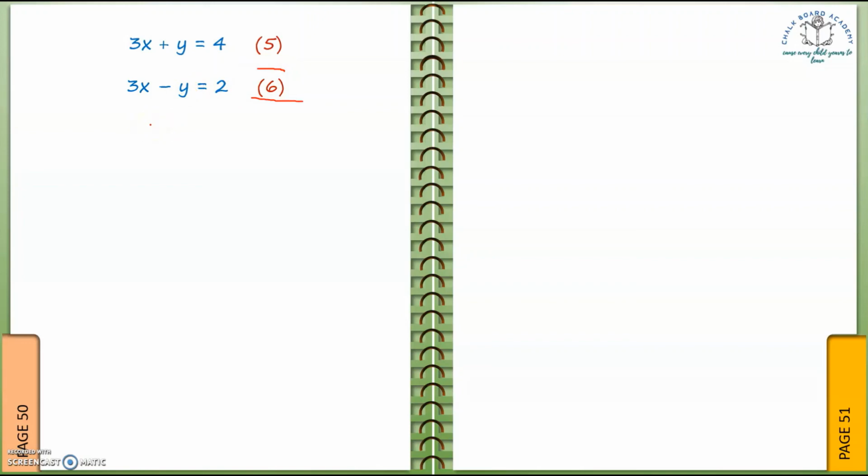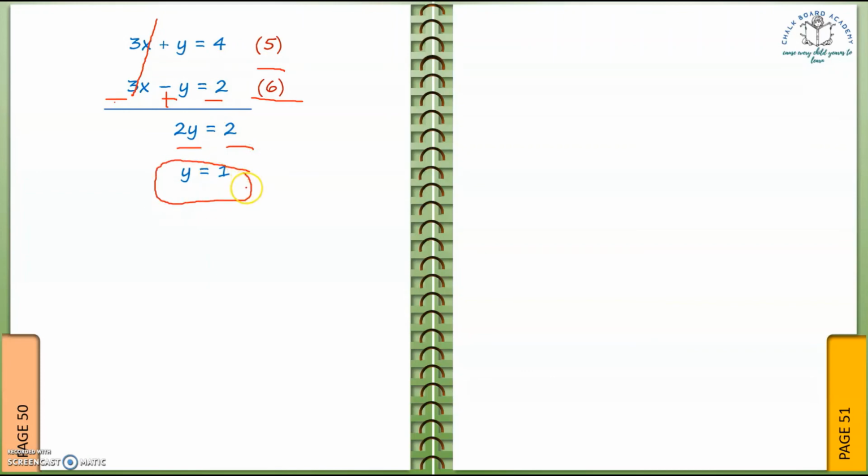Now again we are going to subtract because we are eliminating. So for elimination, we change the sign. After changing the sign, we have got this. So 3x is eliminated by 3x and y is added to y, making it 2y, and 4 minus 2 is equal to 2. Hence, we get y = 1.